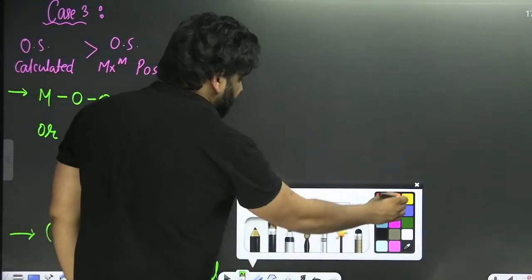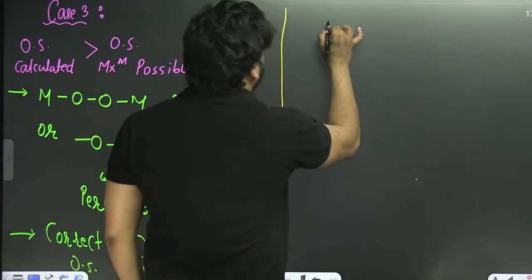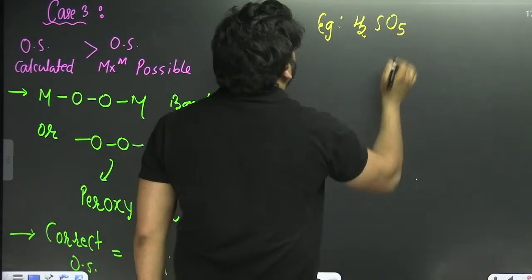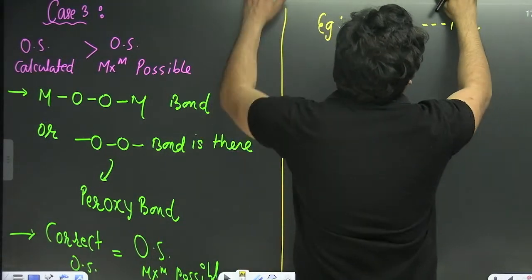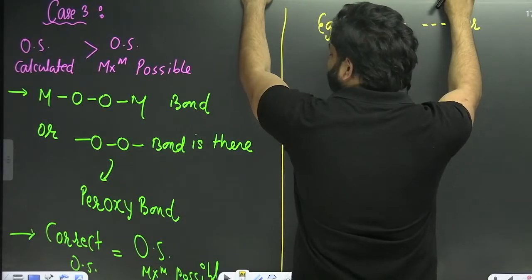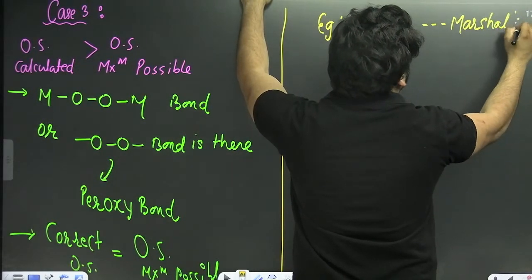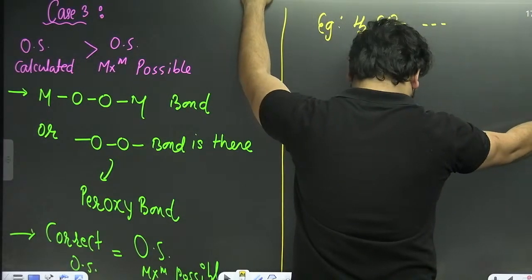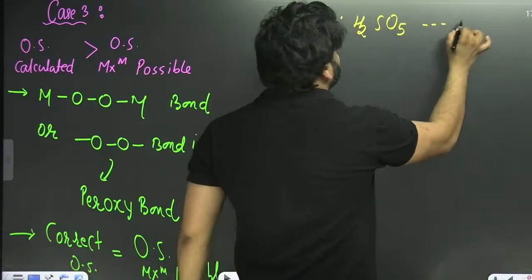Let us take one example. The example is H2SO5, called peroxysulfuric acid, also called Caro's acid.